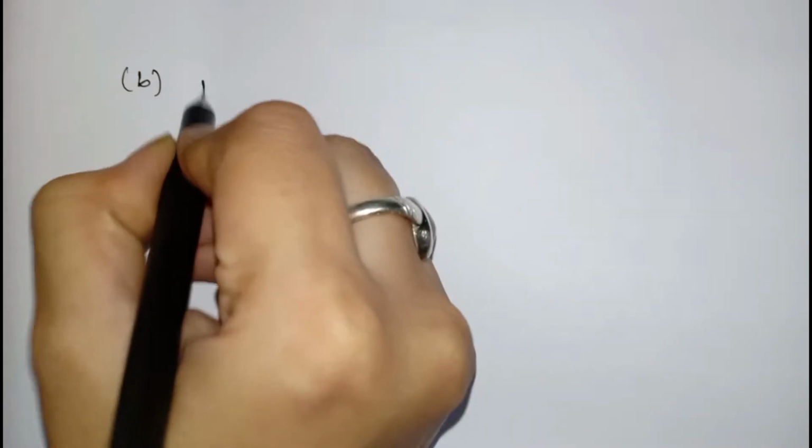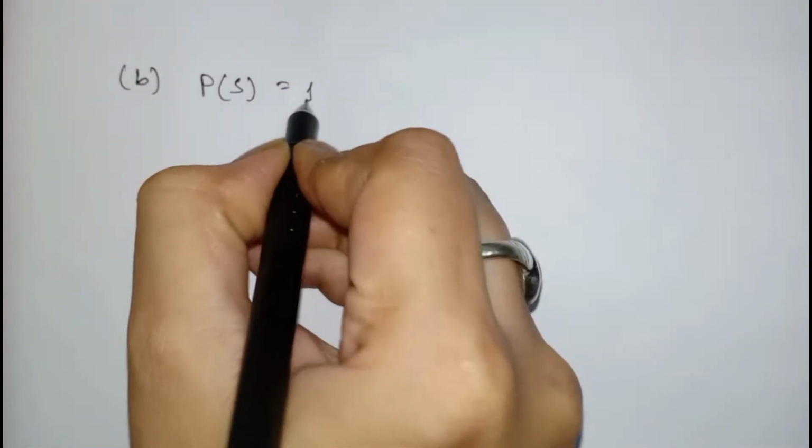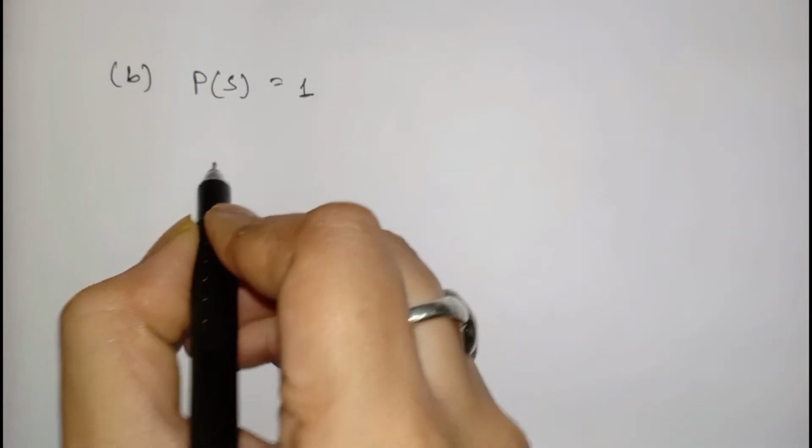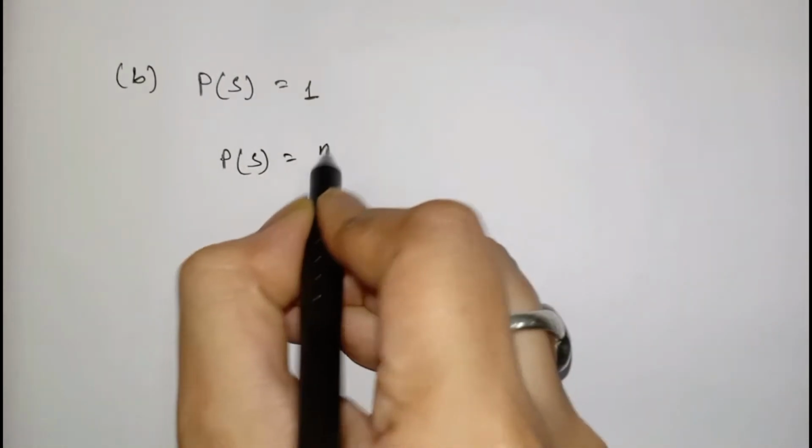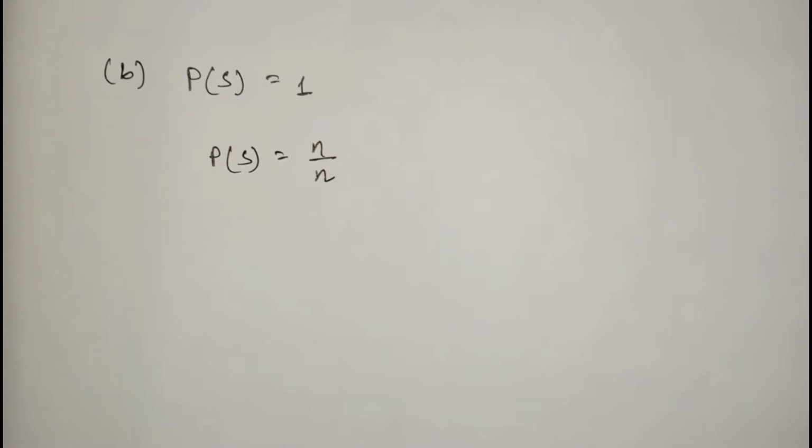The second deduction is PS equals 1. For this we may write PS equals n by n. As S is the event space, it contains all the distinct elements. So this gives us 1.